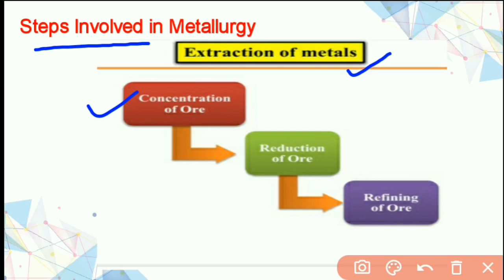Next step is reduction of ore: in this step, the metal oxide is reduced by a suitable reducing agent to obtain crude metal. And finally refining: in this step, metal of high purity is obtained by removing the last traces of impurity from the extracted metal. Many methods are used for the refining of pure metals.